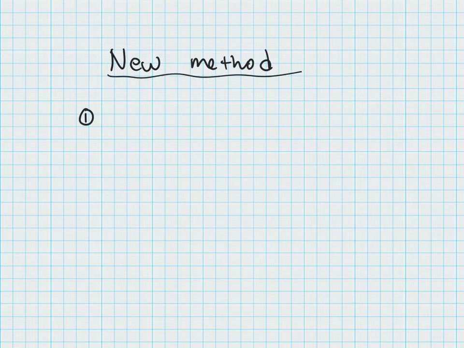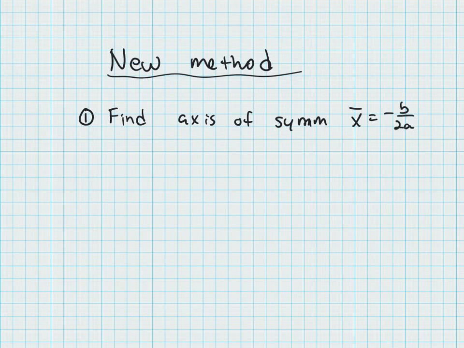Number one, we need to find the axis of symmetry value, because that is what we're going to be calling our x bar. So x bar is equal to the opposite of b over 2a. Number two, now we're going to take x bar squared and subtract u squared is equal to whatever the value of c is.